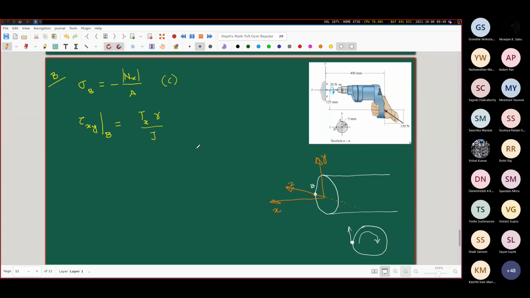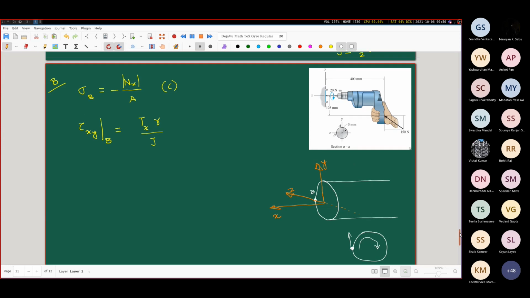Next, tell me if there is any contribution due to the shear from the Vy. First, without sign, you write. Tell me. Sir, excuse me, sir. Yes. Sir, for considering the shear stress due to torque in A, then it would be along negative Z, right? Yeah, it will be negative.